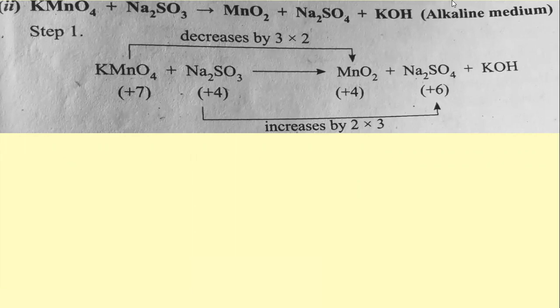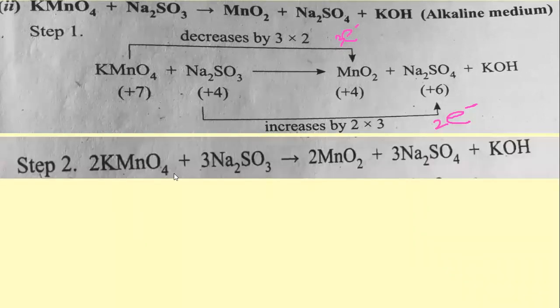So in the second step you all know we have to crisscross the electrons, so that this KMnO4 will have 3 electron difference and this Na2SO3 will have 2 electron difference. So which means this 2 is cross multiplied with this KMnO4 and this 3 is cross multiplied with this Na2SO3. You understood?